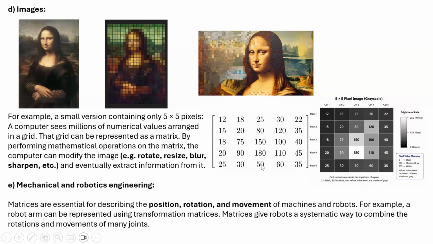And in mechanical engineering or robotics, if you learn how a robot arm moves or any robot joints, they actually use this type of matrix form and they use trigonometry with that. So you can simply solve those types of problems using matrices.